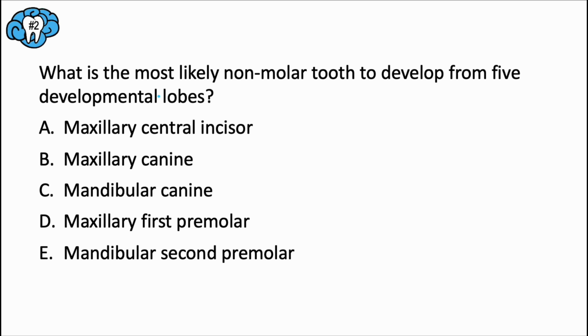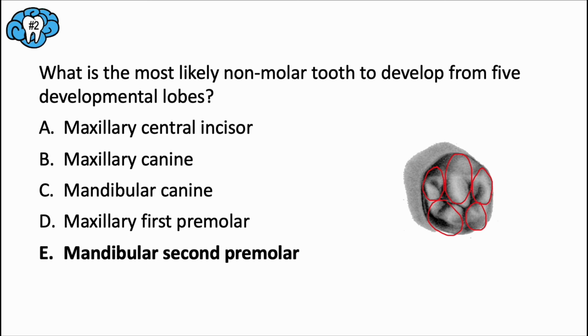And finally, 3-cusped premolars will have 5 developmental lobes as well. And the only 3-cusped premolar that we know of is the Y-type mandibular second premolar. So the answer to this question is E.